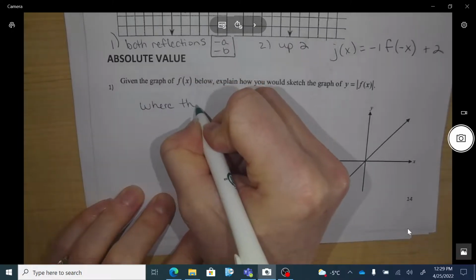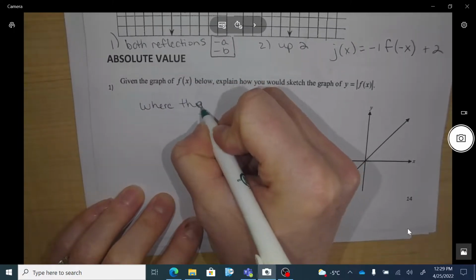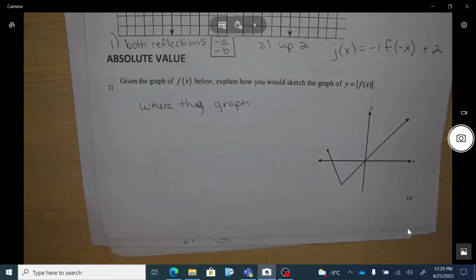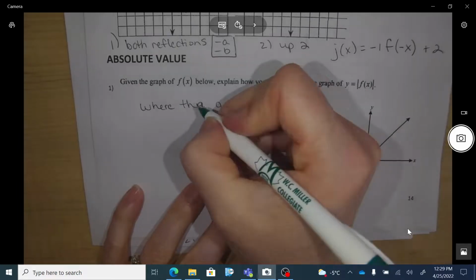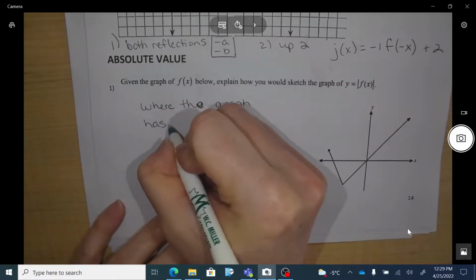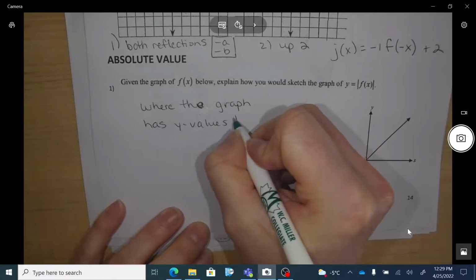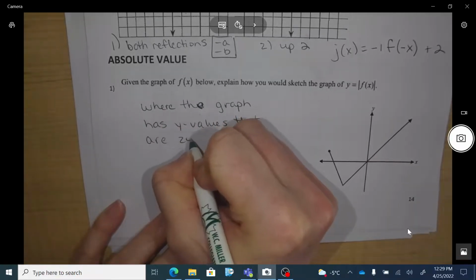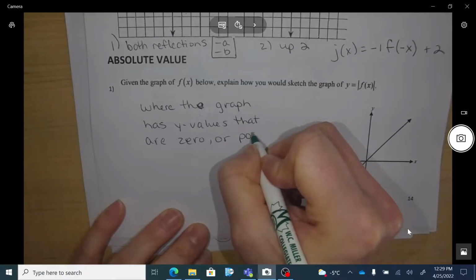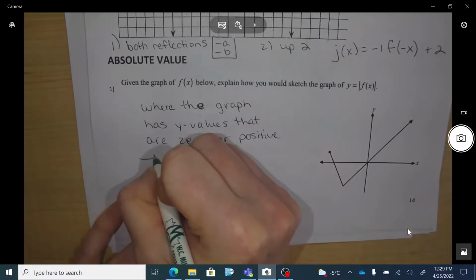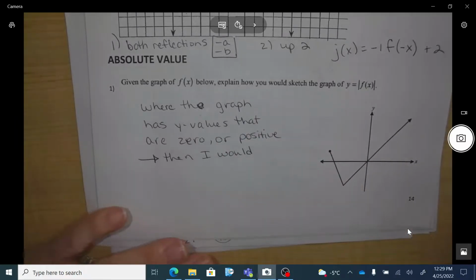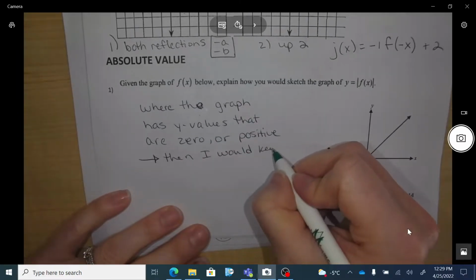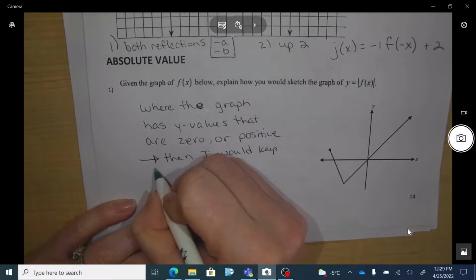Where the graph has y values that are 0 or positive, then I would keep the same points.